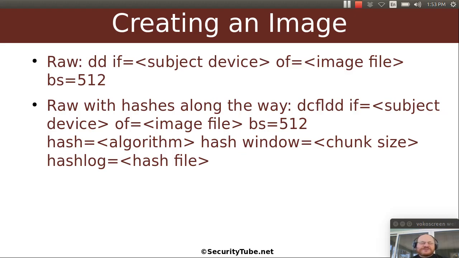There are a few file systems and a few drives out there that might have larger blocks than 512 bytes, but they're all multiples of 512. So this is the safest option.